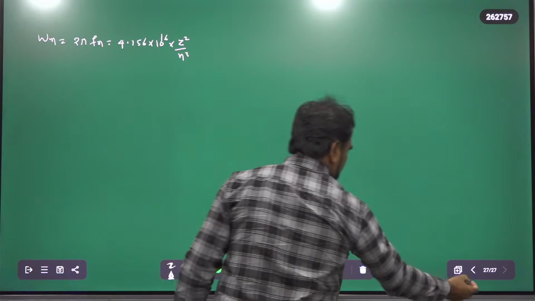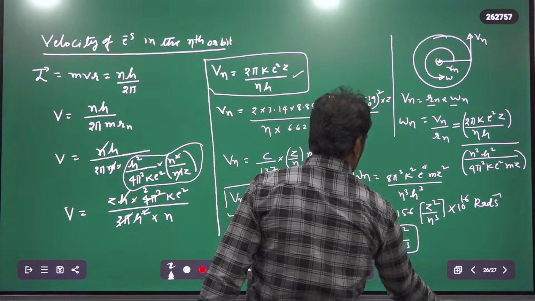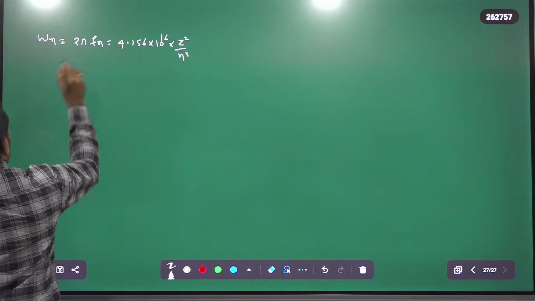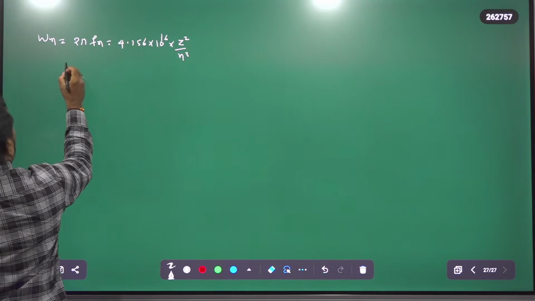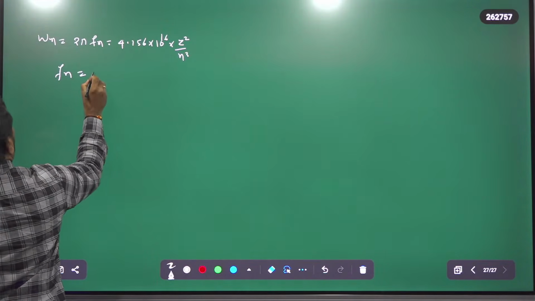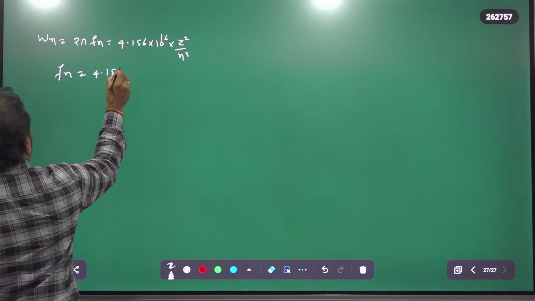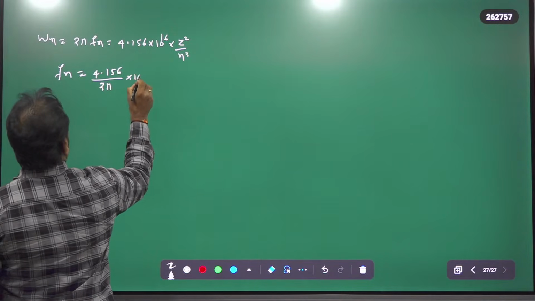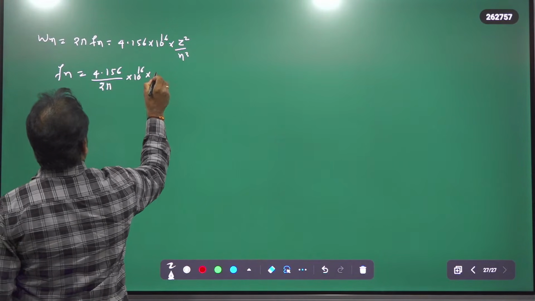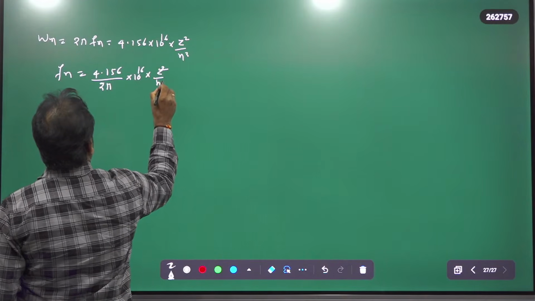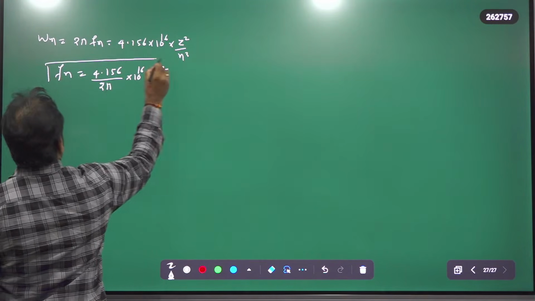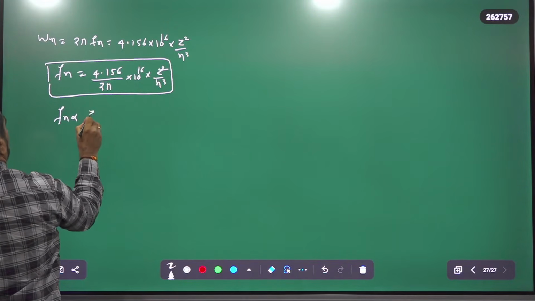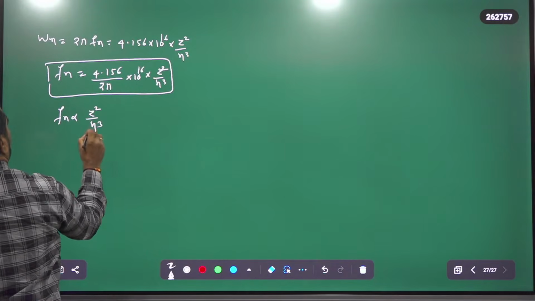We have calculated that one. So from this, the frequency Fn is equal to 4.156 upon 2 pi into 10 to the power of 16 into z square upon n cube. So it is very clear that the frequency Fn is directly proportional to z square upon n cube.